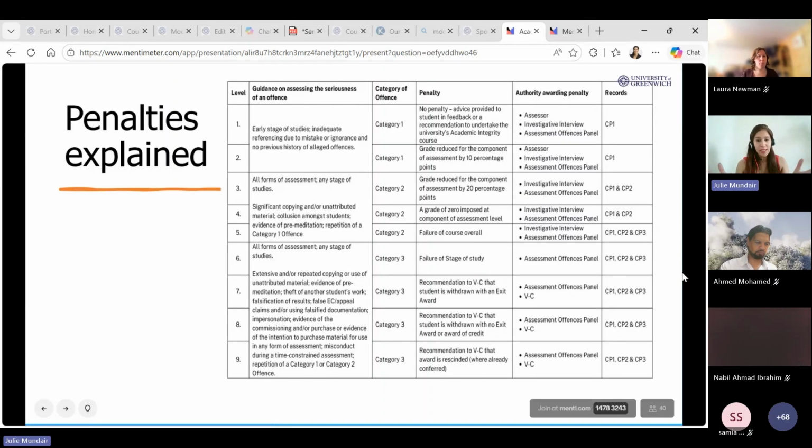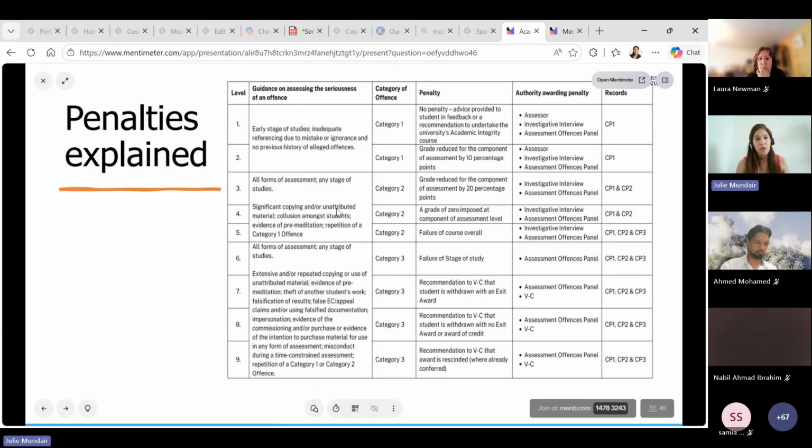So category 3, this is the offences panel. Anytime I've ever had an offences panel, I don't recall that it threw them out of university, or that it was recommended to the VC. They were withdrawn, no exit. So I've never got to that stage, so I can't really comment. But the documentation is there, and fail, you're not allowed to come back to the university, etc. The main ones I've been party to are category 1 and category 2, and even the category 2 level 5 offence I haven't really got to.